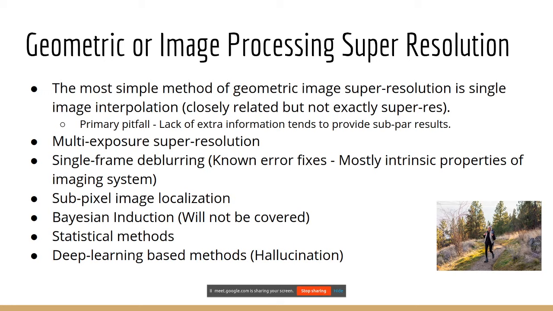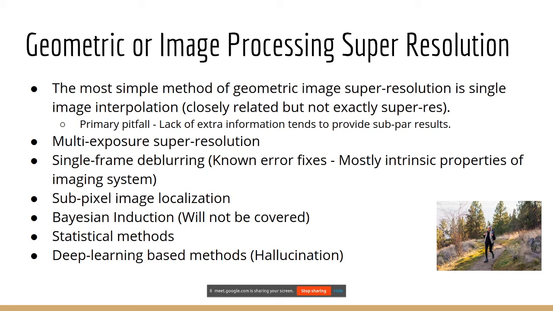This method is not exactly super resolution because it is not doing anything but creating a mean of the pixels. And then we go into multi-exposure super resolution. This is more of a method that was used to get a better quality image rather than a higher resolution image. That was the primary focus of multi-exposure super resolution.